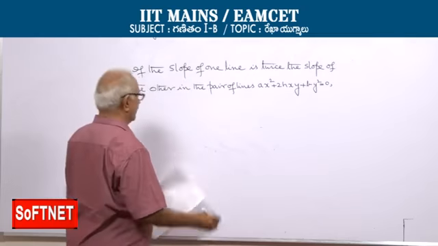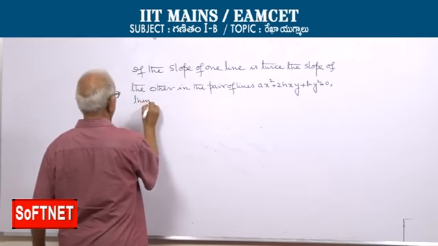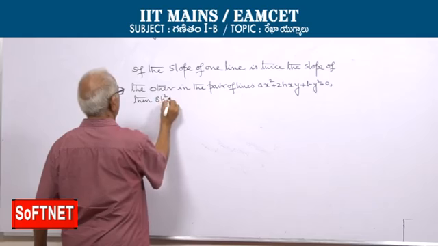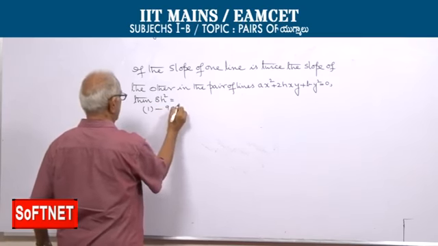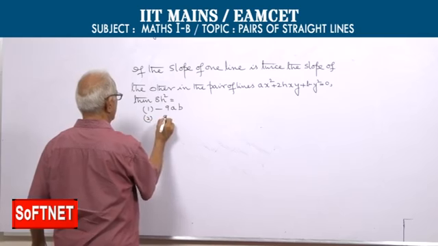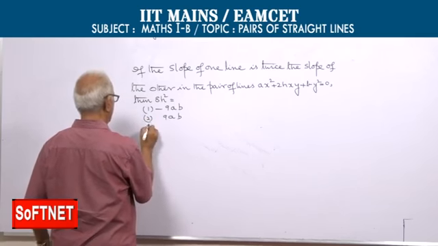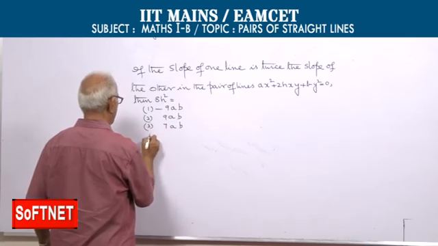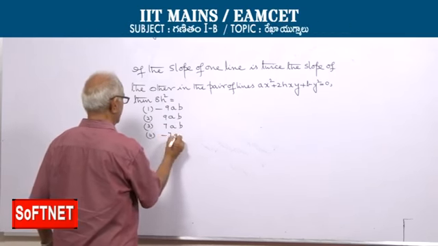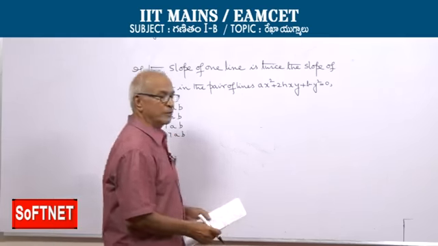Then 8h square equal to, options are minus 9ab, 9ab, 7ab, minus 7ab. 2001 question paper of MSET.